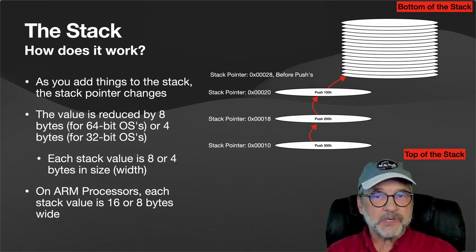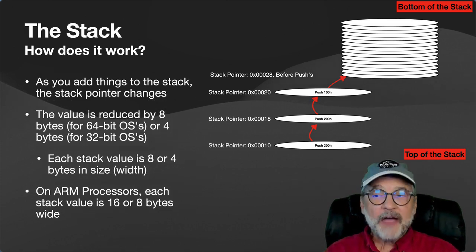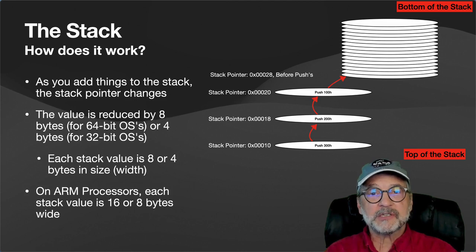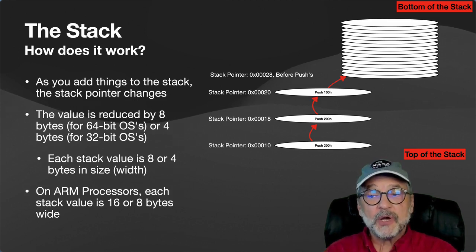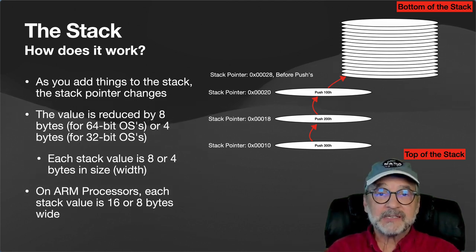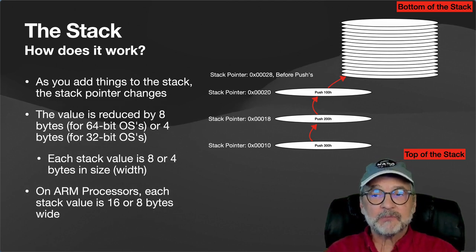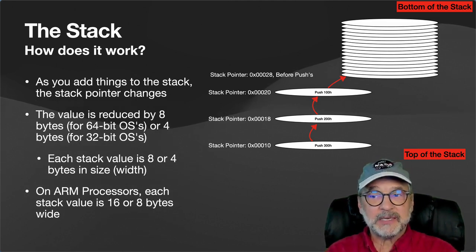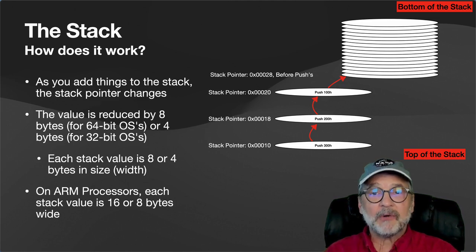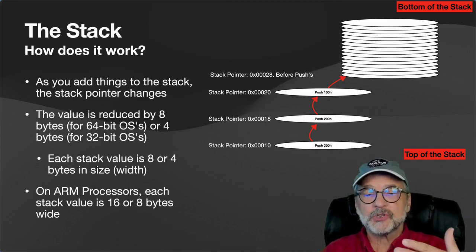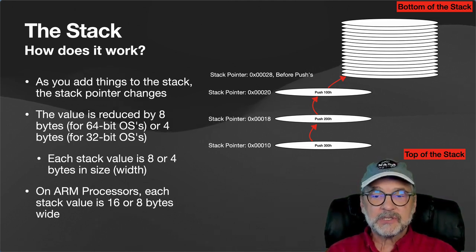However, that number is much, much larger than that. So after I push 100, the stack pointer changes to 20. After I push 200, the next one, remember this is hexadecimal, 8 from hexadecimal 20 is equal to hexadecimal 18. So it goes down 8 bytes each time. The stack pointer changes its value each time.